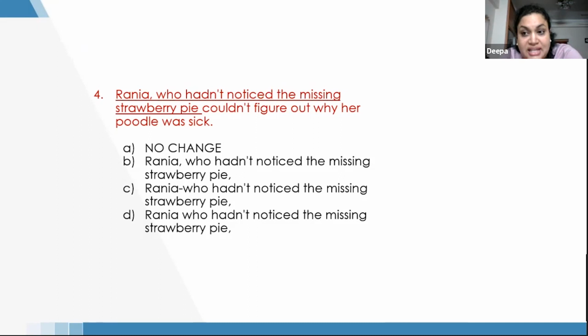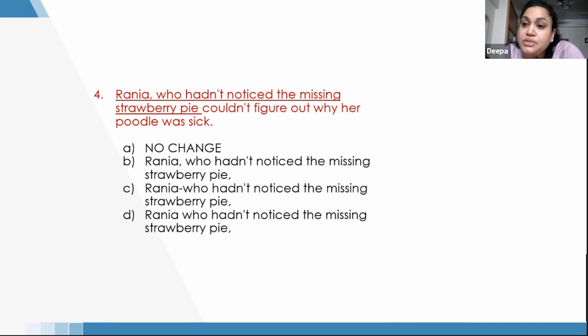Rania is the subject, and who starts the relative clause. Generally, if it is modifier placement, we should not have a comma there. But we are talking about the restrictive, parenthetical element. So we have to understand whether we are going to use the rules of modifier placement or the rules of the parenthetical element.